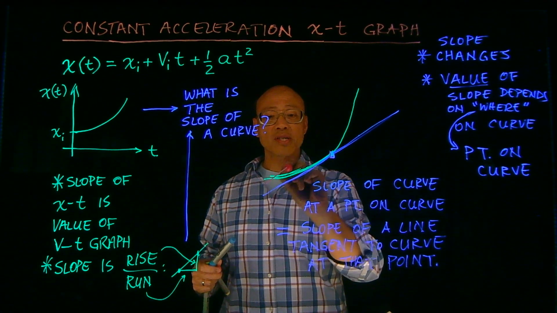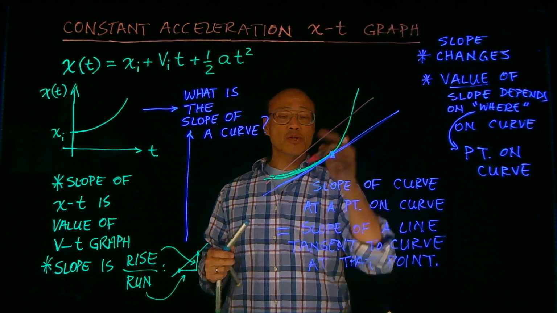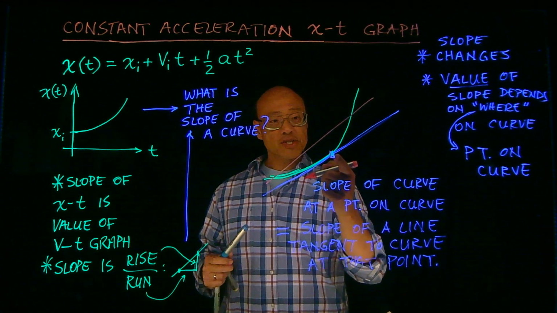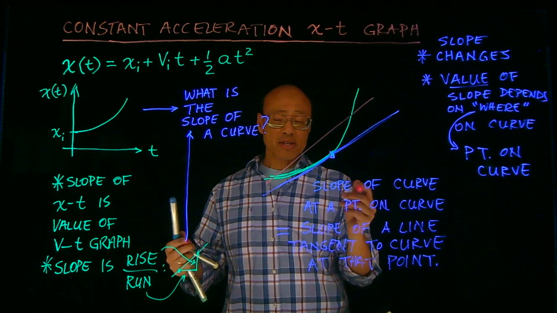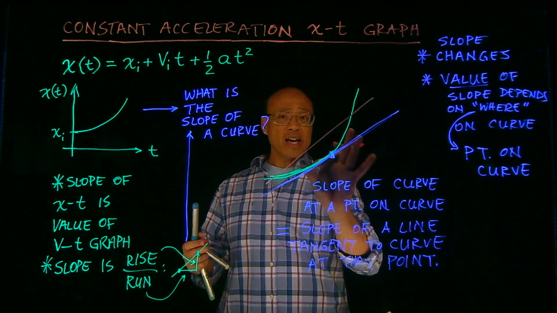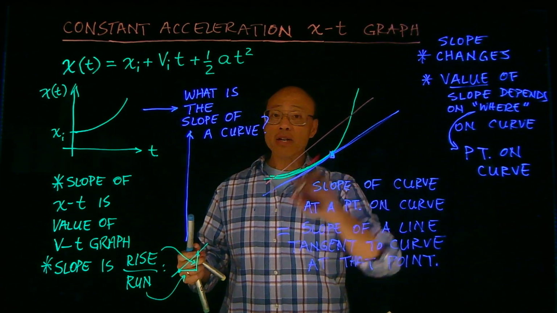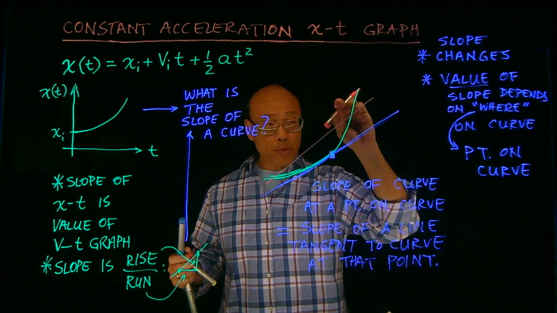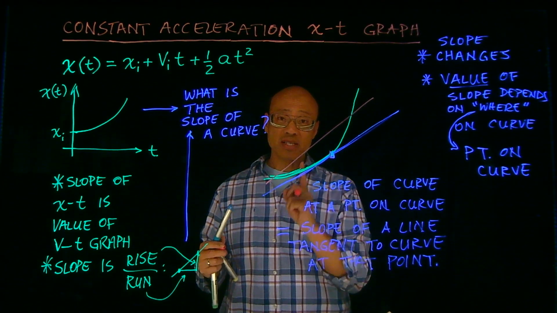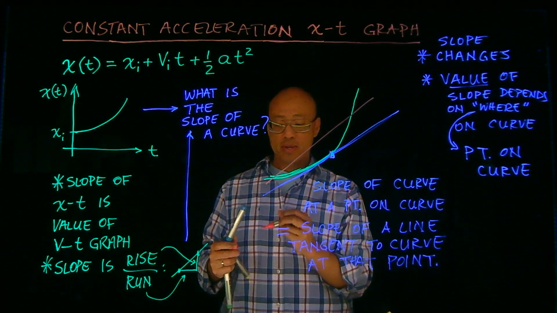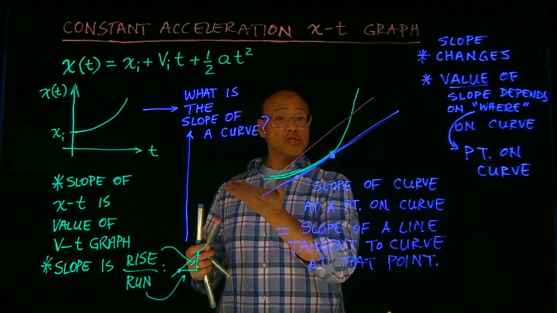This is not a tangent line because it touches the curve at 2 points. A tangent line touches the curve only at 1 point. And mathematically and geometrically, if it's tangent, you give me any curve and a point on that curve, there is one and only one line that's tangent to that curve. And that is the slope of a curve.